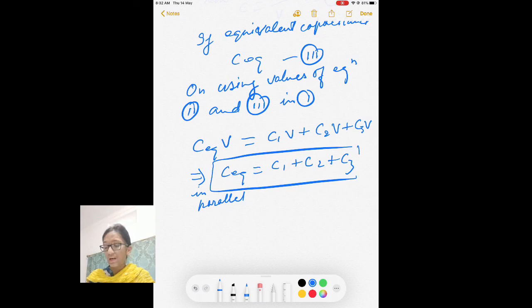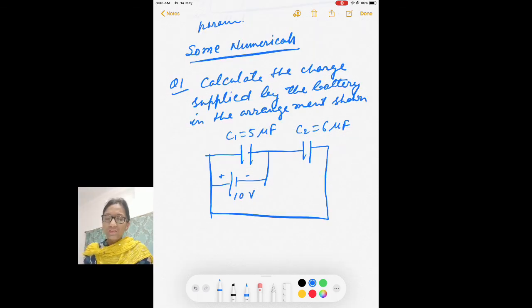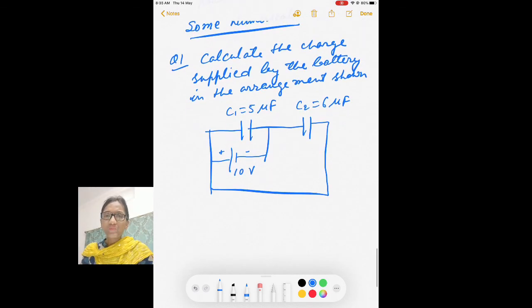So these are the two ways by which you can combine the given capacitors to have an equivalent capacitance of the desired value. Some numericals. Calculate the charge supplied by the battery in the arrangement shown.